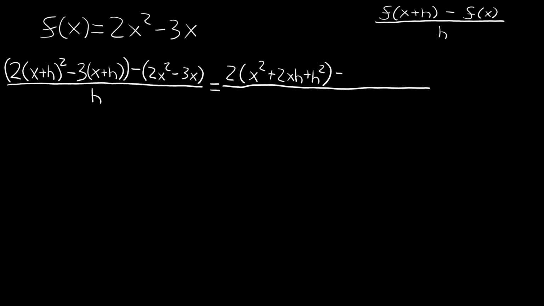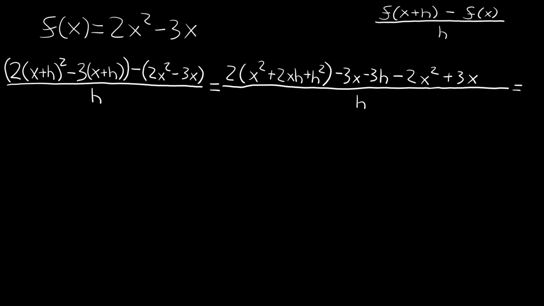So minus 3x minus 3h. Then we can distribute this negative sign. So negative 2x squared plus 3x all over h.